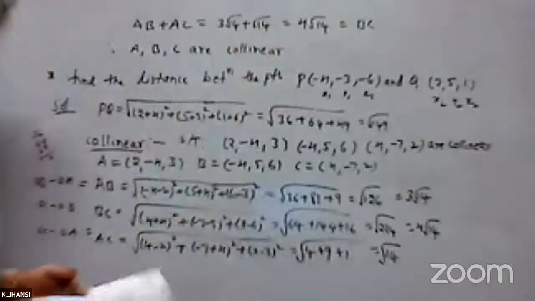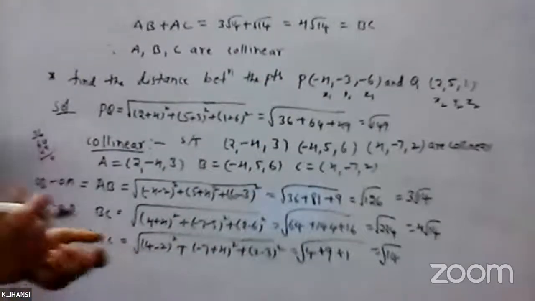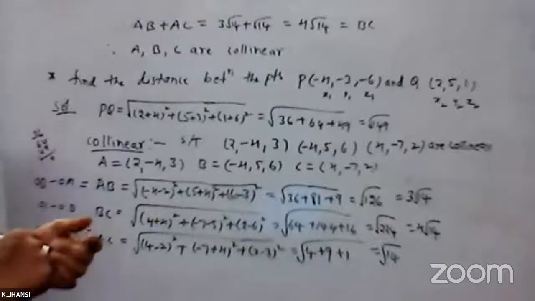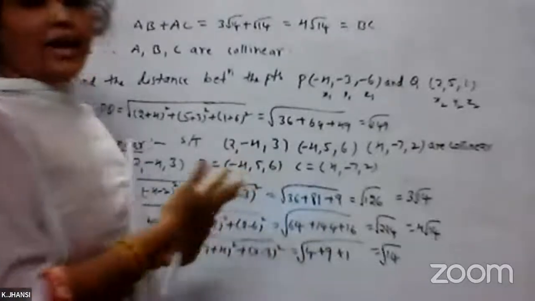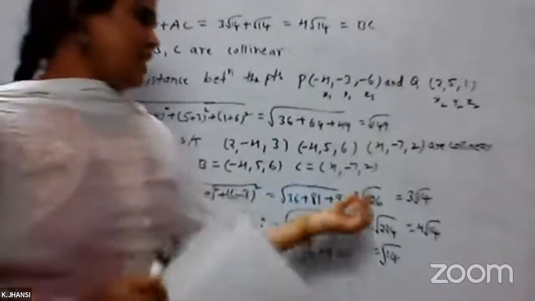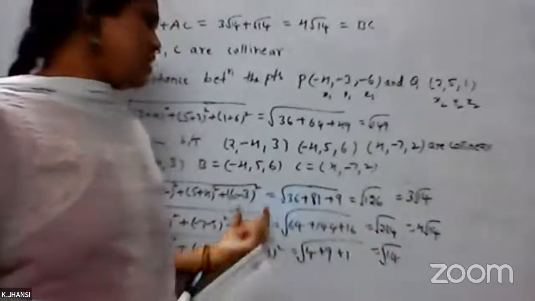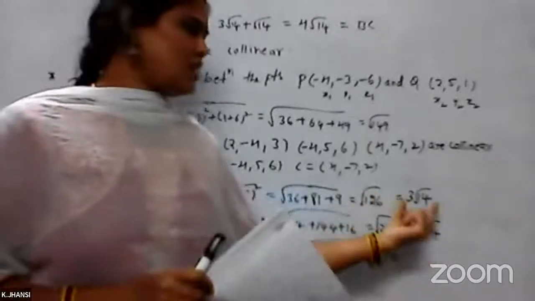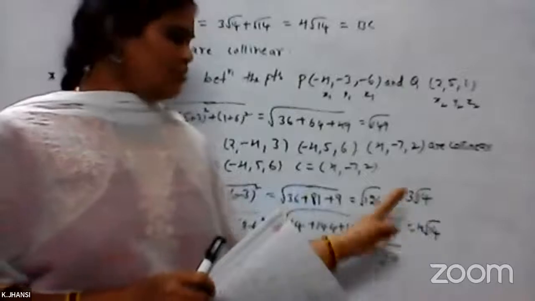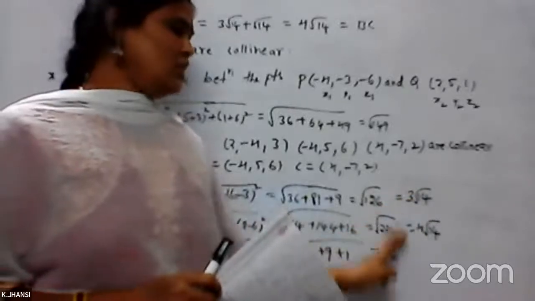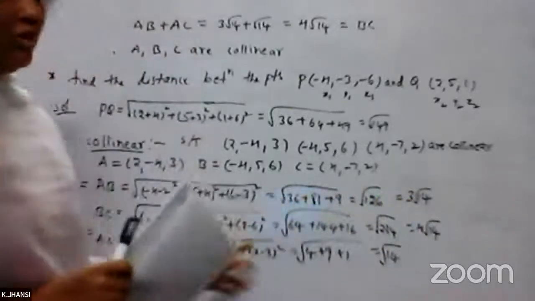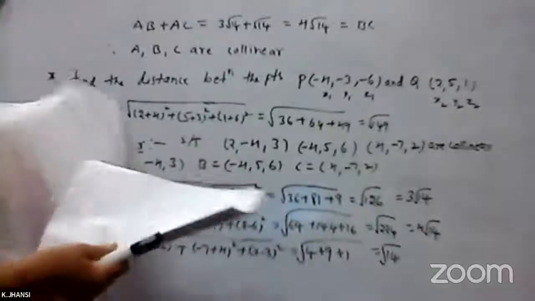So like this, you have to solve the problem, even if they ask for a square or an equilateral triangle or anything. If it is a triangle, you also have to find the same distances. Isosceles triangle means two sides will be the same. So from these, any two will give the same values, and then we can tell that it is an isosceles triangle.